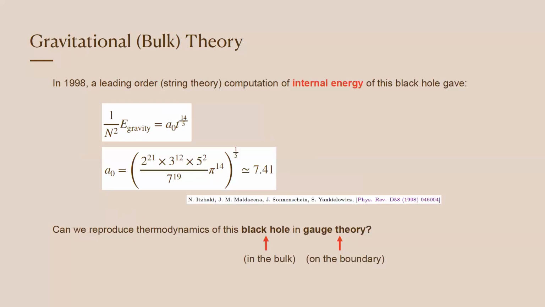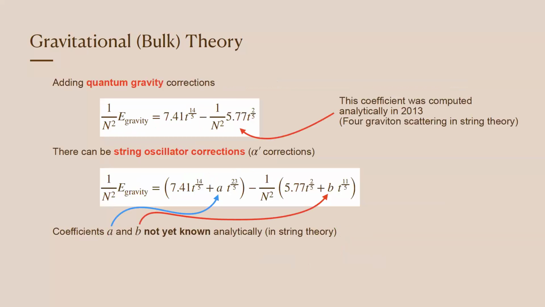On top of this, we can add quantum gravity corrections coming from the black hole, which go like this: a specific coefficient and T to this power. This was computed in 2013 in string theory. They calculated the four-graviton scattering and got this. And there can be string oscillator corrections.